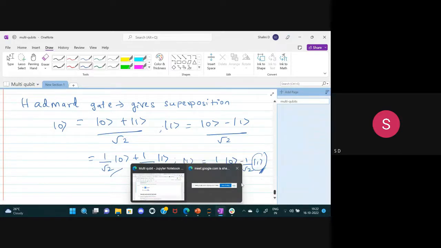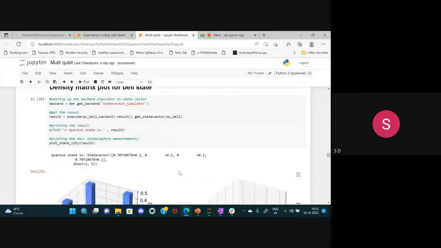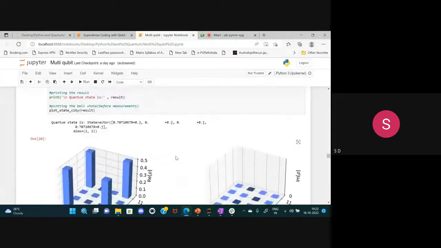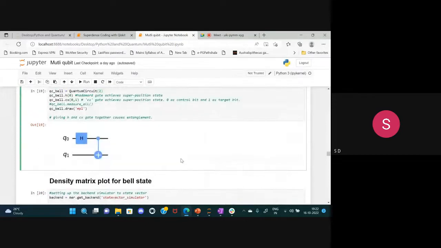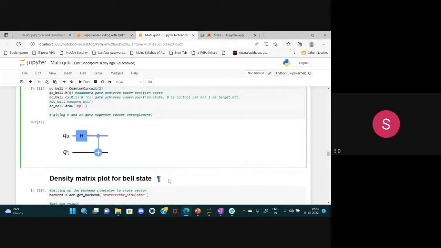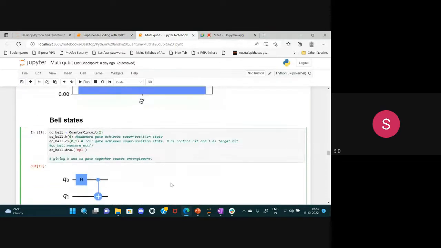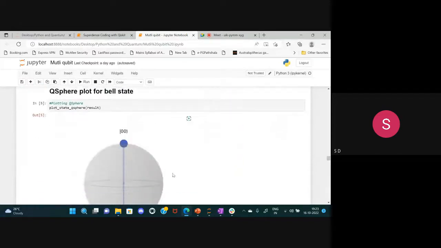So 1 by root 2, if you take the value, it is 0.707. So why are we getting 0.707 for this? I think this is self-explanatory also, since we have already solved a lot of gates for this.